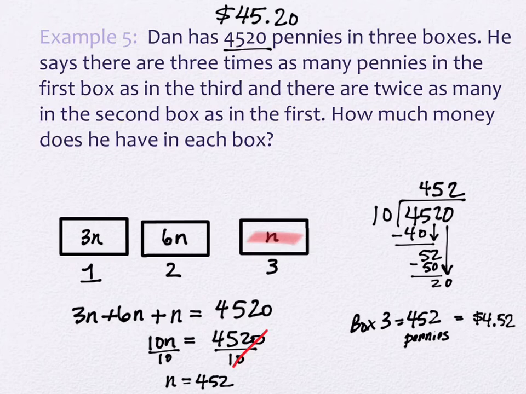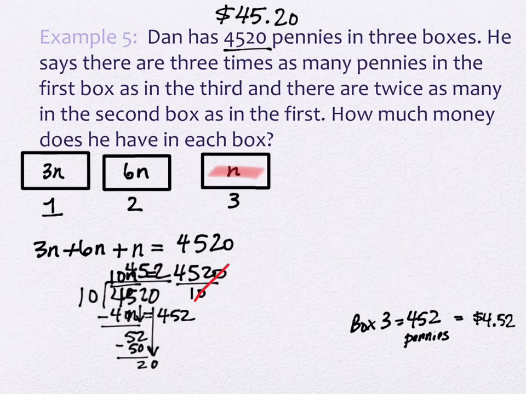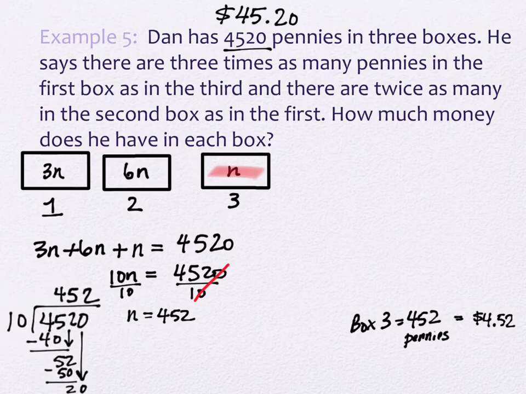What would we do then to get one of the other boxes? Let's say box 1. Multiply it by 3. We're going to multiply 452 in any fashion you wish times the number 3. So I'm going to do that. I'm going to shift these around a little bit. Okay, so we have 452 times 3.